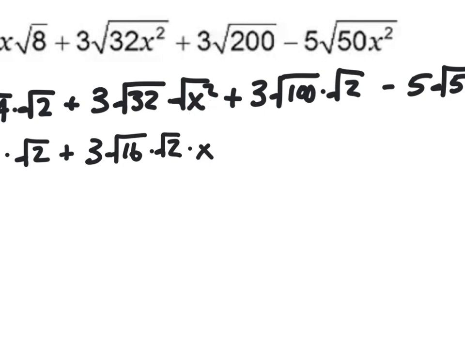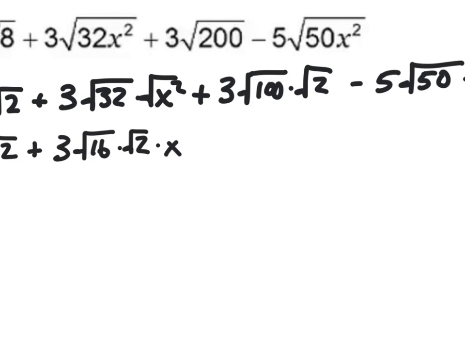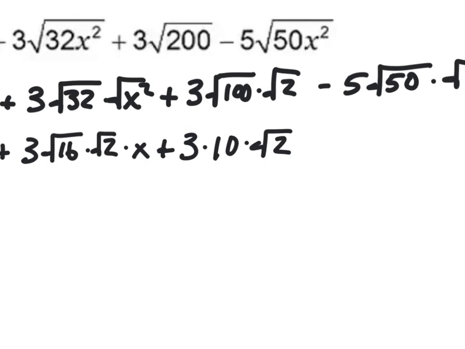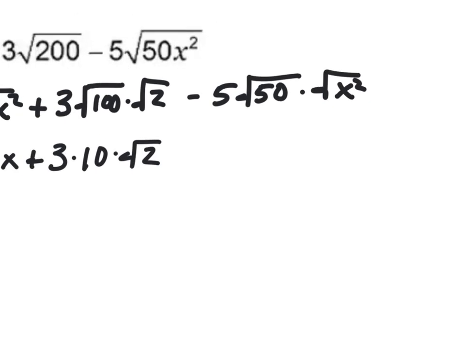Over here I can take the square root of 100, which is 10, so plus 3 times 10 times the square root of 2. In the next one, let me split up the square root of 50, and let's do minus 5 times the square root of 25 times the square root of 2. The square root of x squared is just going to give me x.